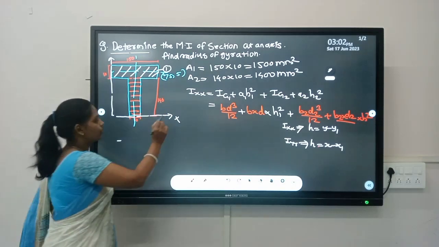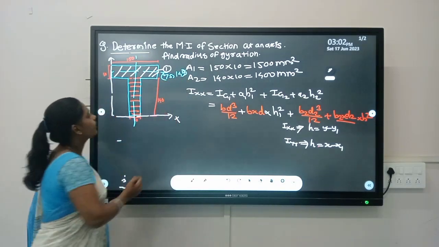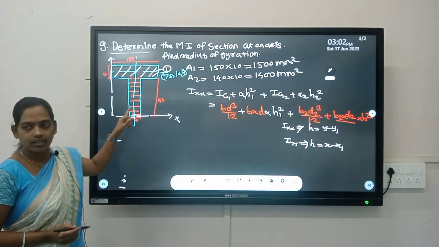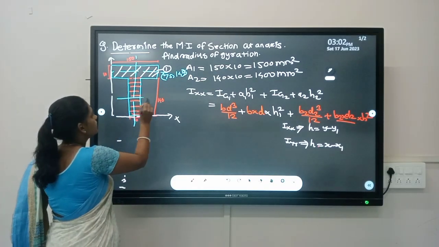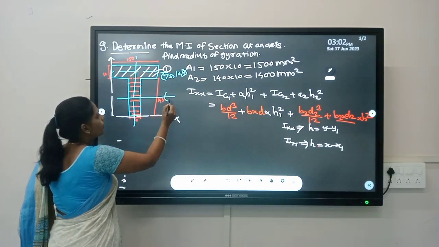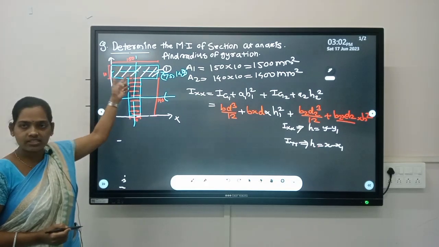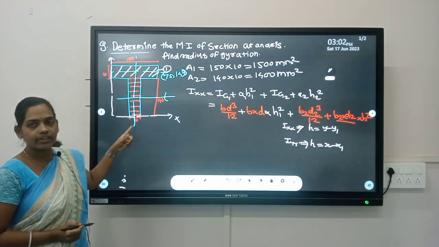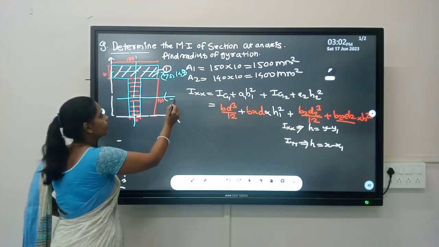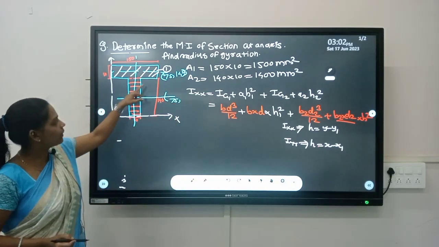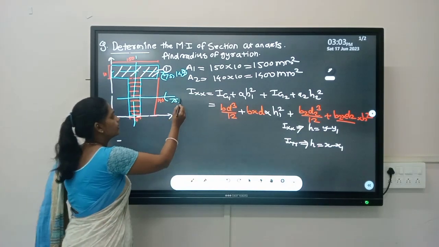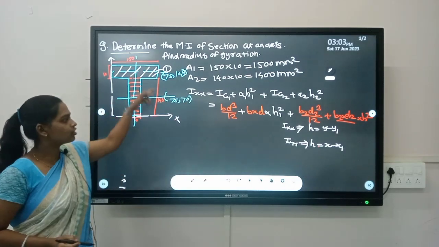So it becomes 145. Okay. For this rectangle, the CG becomes, is it not the CG? So what are the dimensions? Obviously, since the given figure is symmetrical along vertical plane, this distance will be obviously 75, it is half of 140. So it becomes 70. These are the individual centroids.